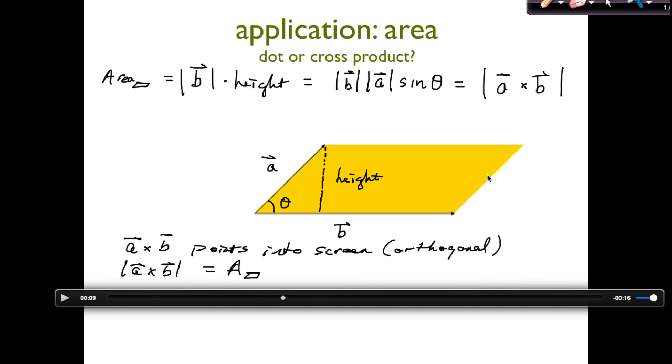This A cross B is called an area vector. Its magnitude is the area of the unique parallelogram formed by A and B, and its direction is orthogonal to the plane of that parallelogram. We're going to see that in the end.